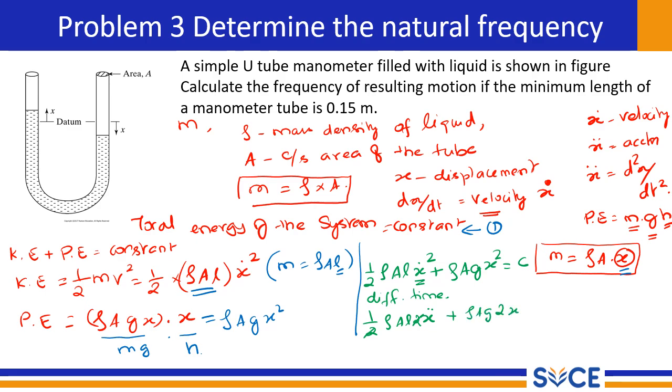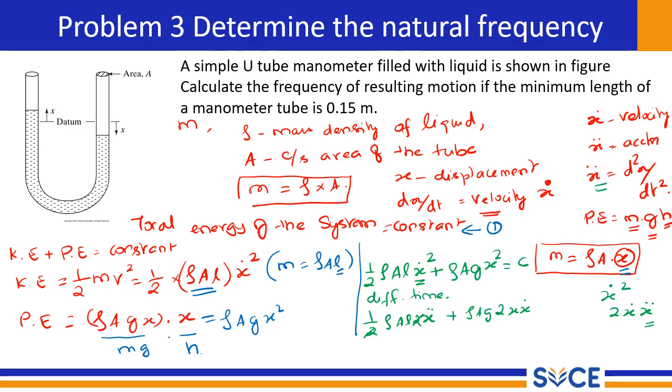Once again we will get the x dot here also. When I differentiate x dot square, it means 2 x dot, and differentiating again it becomes x double dot, which you know is acceleration.